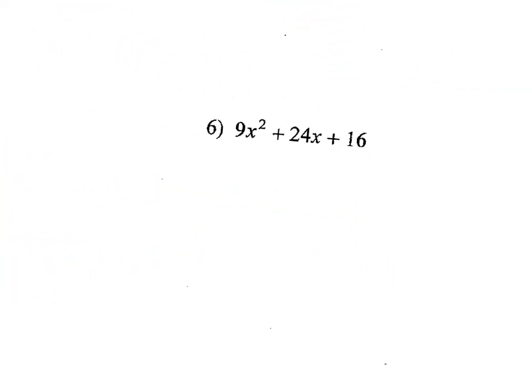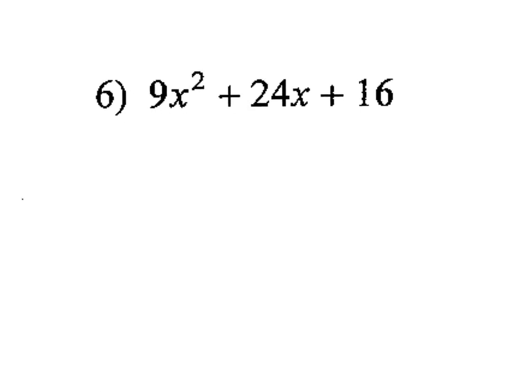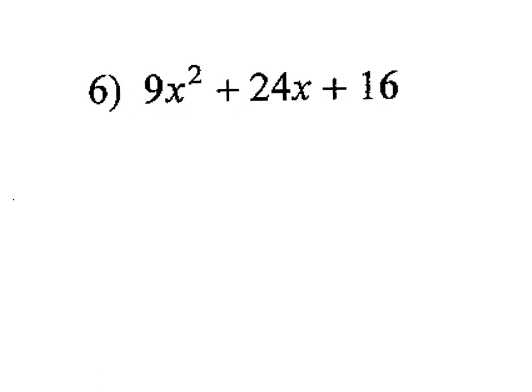Okay, going on to number 6 here. Okay, so on 6, nice, they're all positives, so we know that our signs are going to be positives. So I've got 1 times 9, 3 times 3, 1 times 16, 2 times 8, 4 times 4. Okay, and then again, you're going to work on your insides and outsides.